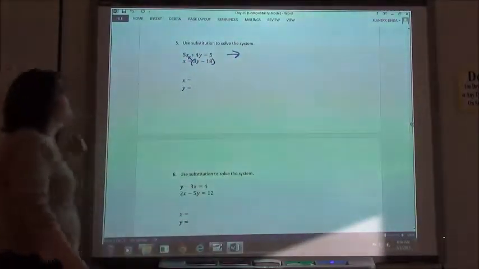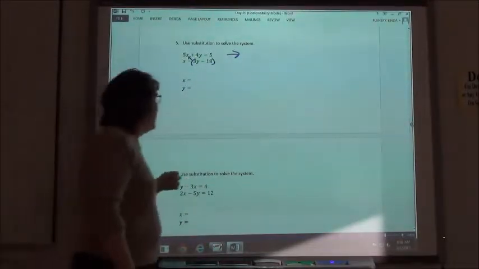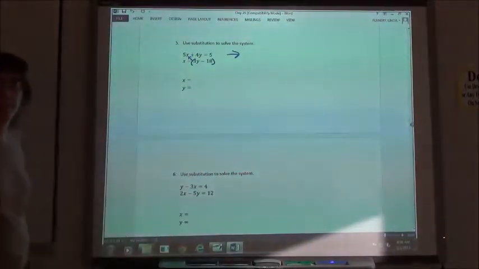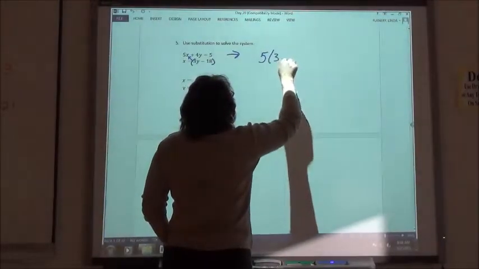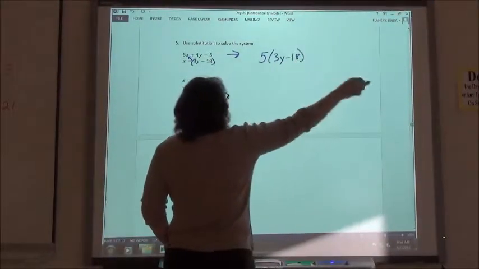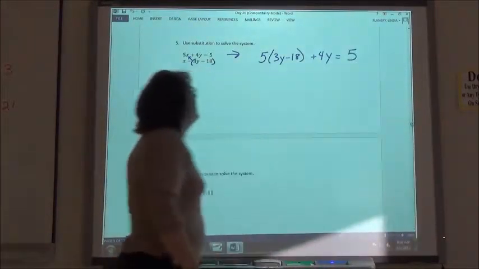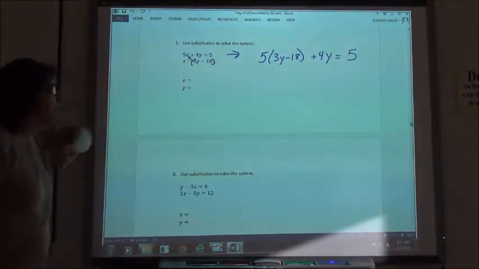What should I have when I substitute in for x? 5 and then parentheses 3y minus 18 plus 4y equals 5. So we just replace the x here with the 3y minus 18 from the second equation.